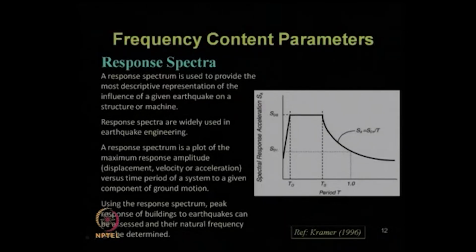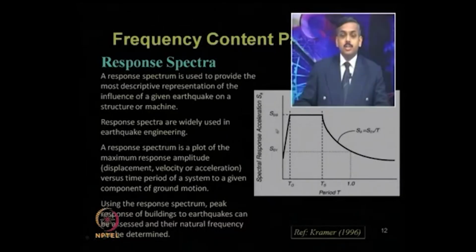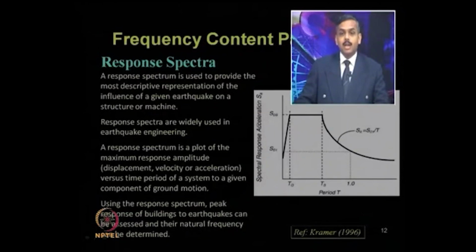Coming to the next, or I should say the most practically used concept of frequency content parameter, the response spectra. A typical response spectra looks like this. The y axis is the spectral response; it can be displacement, acceleration, or velocity. Accordingly, the name will change.